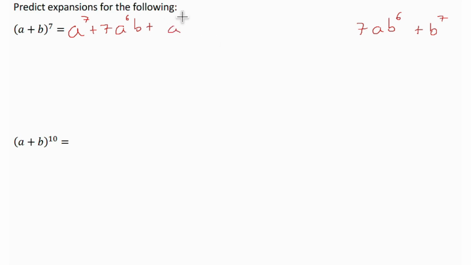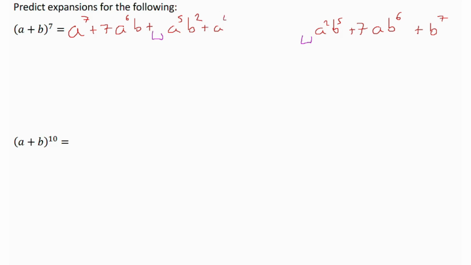And you probably or hopefully realize that the next one is going to be a to the 5b squared. And down here we end up with something that is the other way around, so a squared b to the 5. And there is some number here, but it might not be particularly clear what that number is just yet.